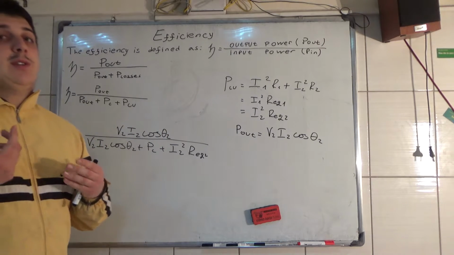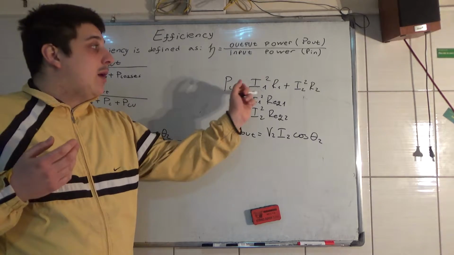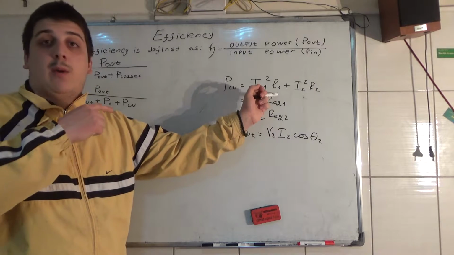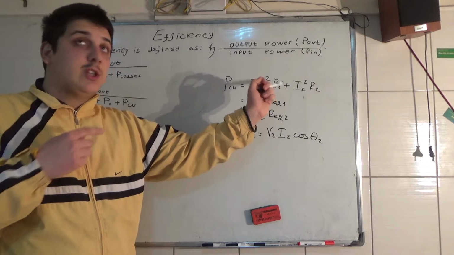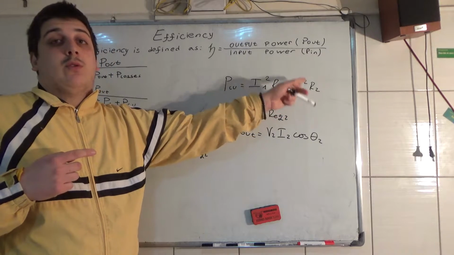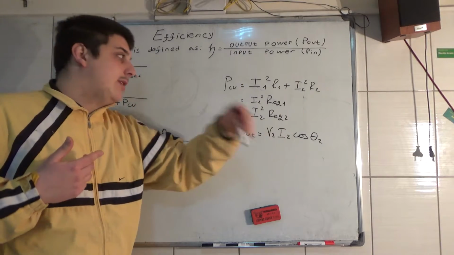So the copper loss by Joule's law is therefore I1 squared times the resistance of the primary winding plus I2 squared times R2, the resistance of the secondary winding.